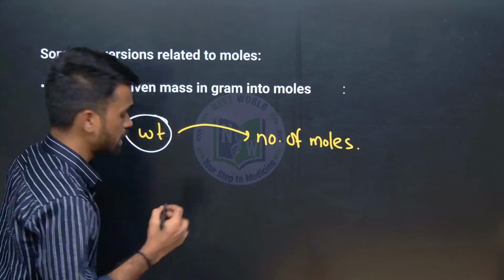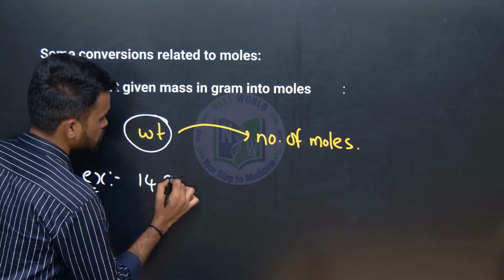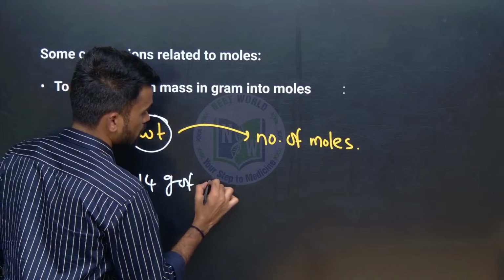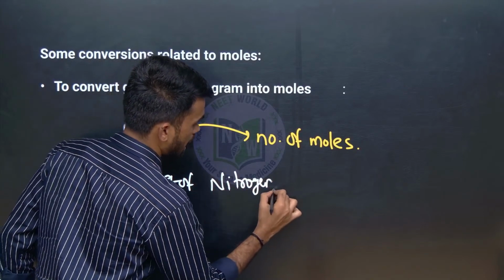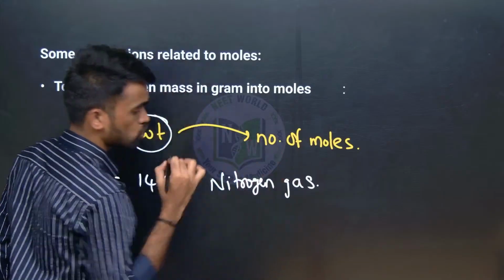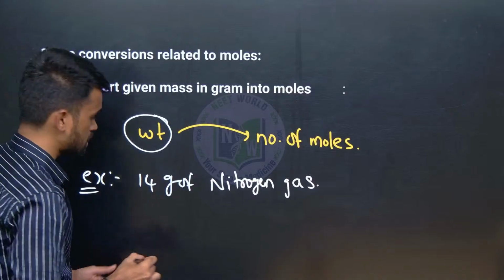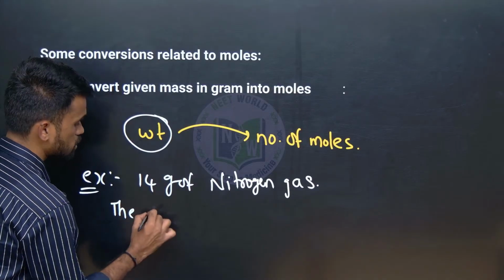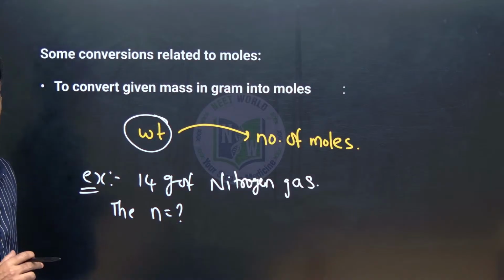Yesterday we saw an example: let us say I have 14 grams of nitrogen gas. Express the number of moles. How many moles is it?